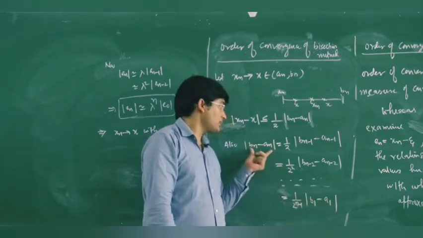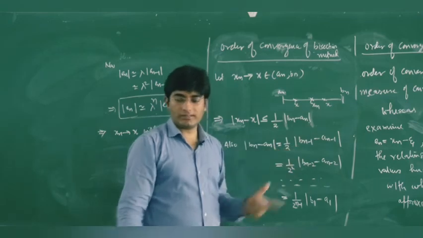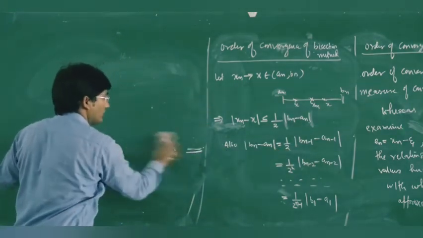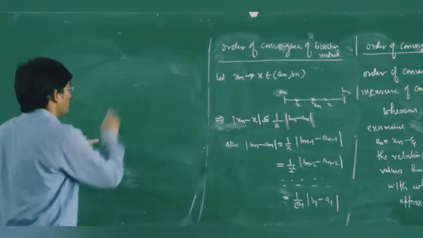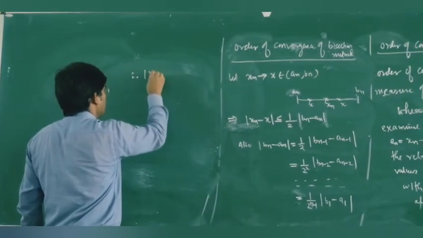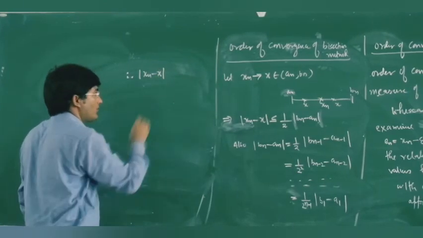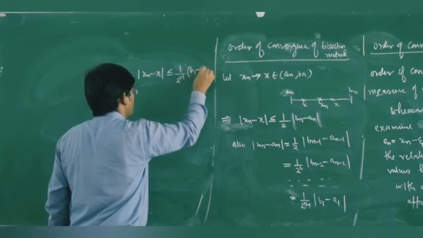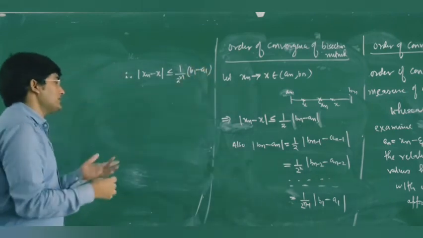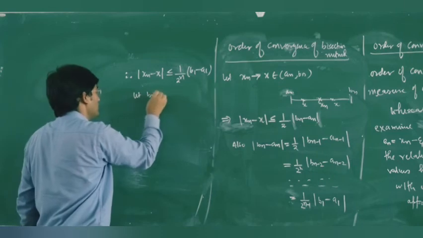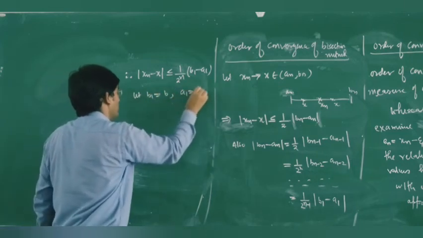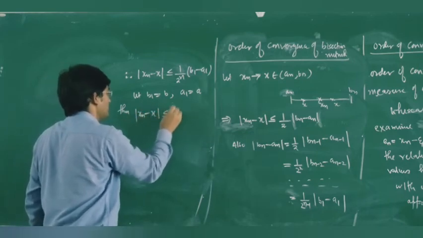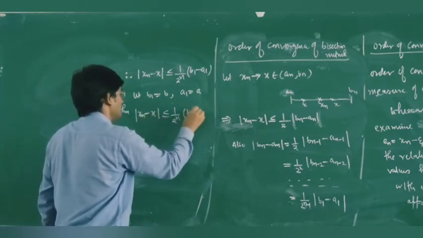Just put the value of this bn minus an here. So you can see that therefore your xn minus x in case of the bisection method is less than or equal to 1 by 2 power n (b1 minus a1). Suppose that initially b1 equals b and a1 equals a, then the modulus of xn minus x is less than or equal to 1 by 2 power n (b minus a).